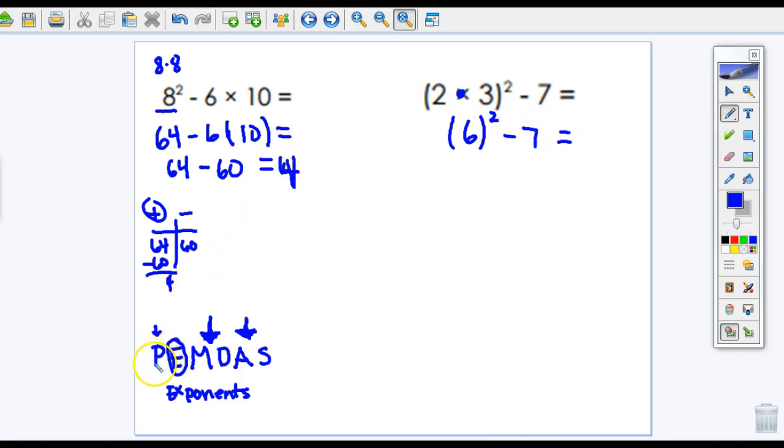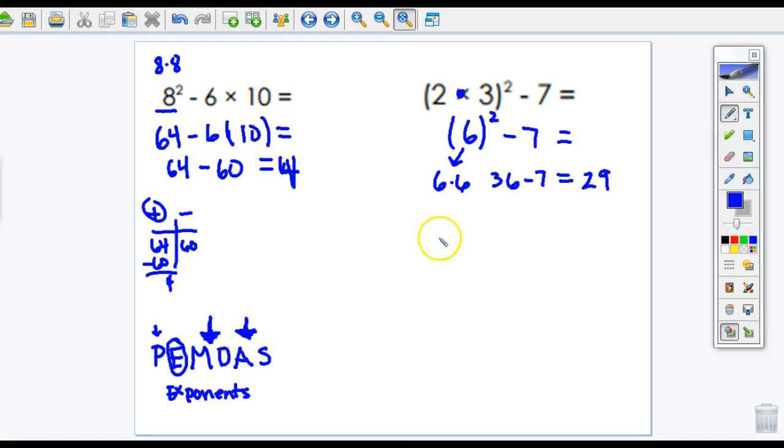Now going back to PEMDAS, I got rid of that parenthesis, sort of. And now I'm going to do my exponent. So 6 squared is 6 times 6, which, if you use your calculator, is 36. And then I'm going to bring down my minus 7 equals, right? So now I have 36 minus 7, and it's a simple subtraction problem, and that's going to give me a positive 29.